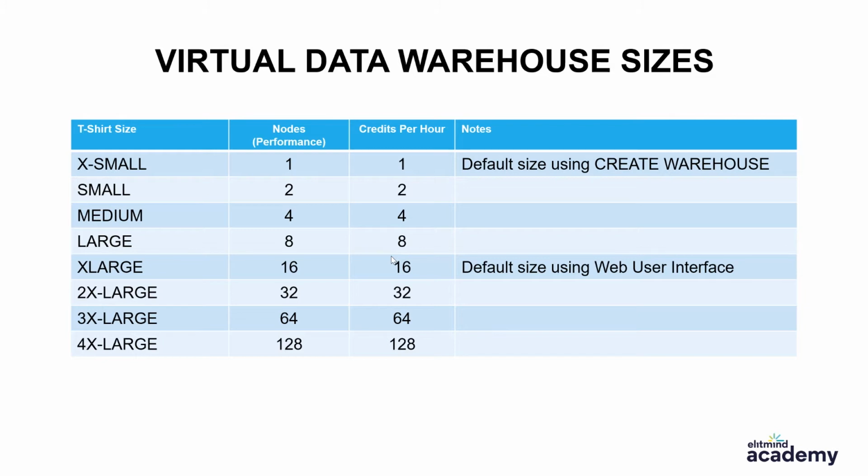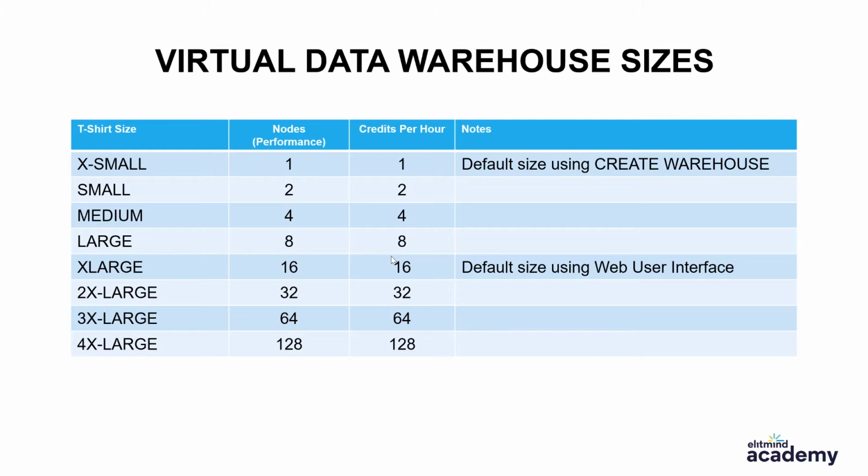Now, when you create a new virtual warehouse, you just have to keep in mind that creating this one using Web UI is quite different than creating from the code. If you run the SQL statement, create warehouse, you will create by default the X small virtual warehouse.